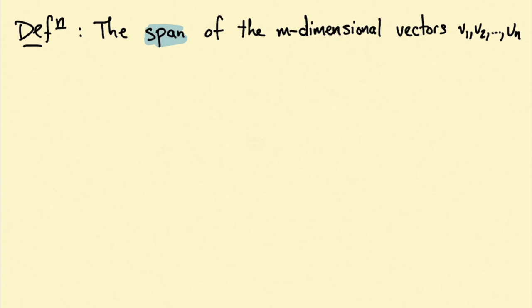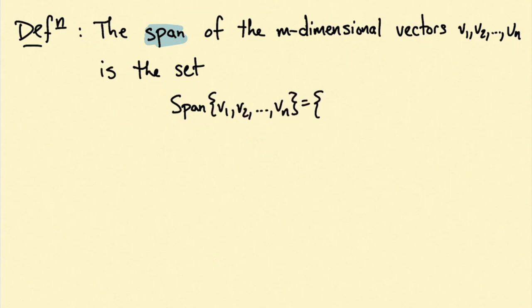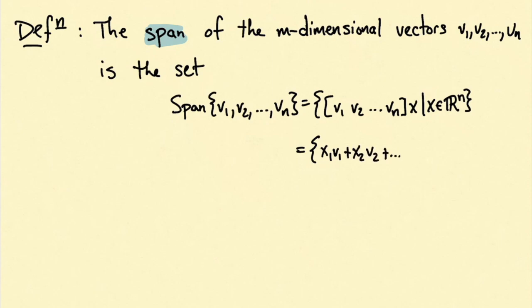The span of the m-dimensional vectors v1, v2, down to vn is the set, span of v1, v2, down to vn, which is defined to be the matrix whose columns are v1, v2, down to vn, multiplied by x, such that x is an n-dimensional vector, which we can interpret as the set of x1 v1 plus x2 v2 plus ... plus xn vn, such that each xi is a real number.